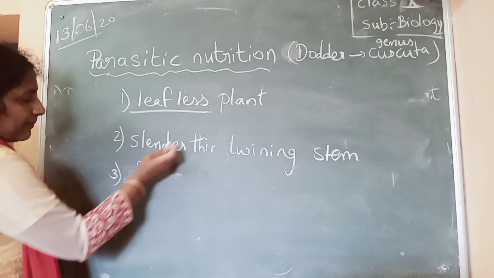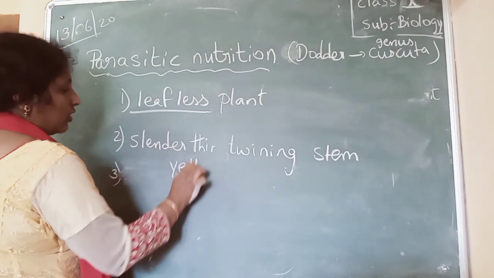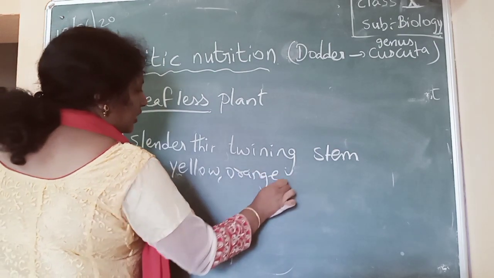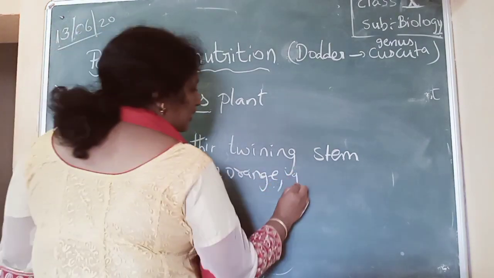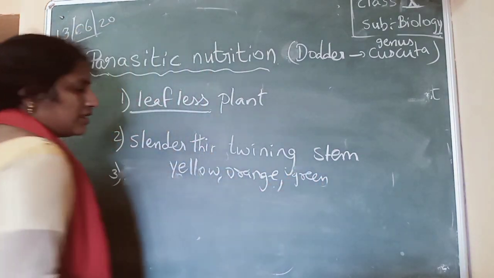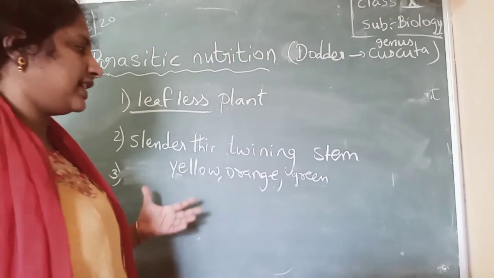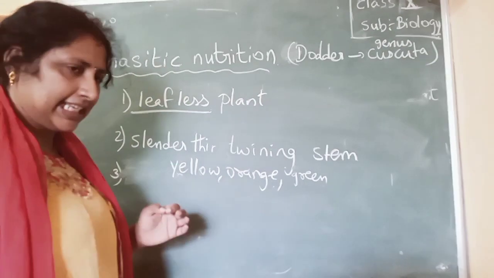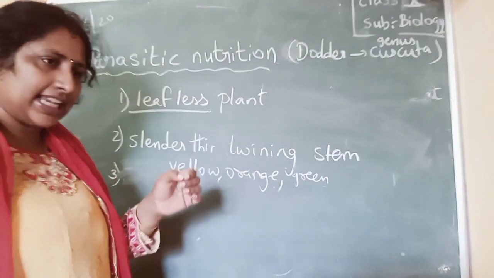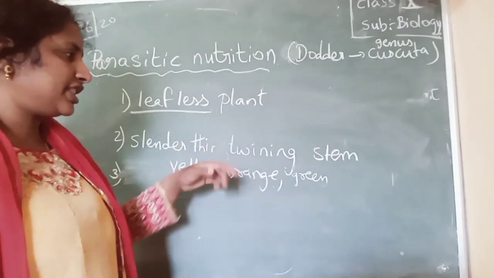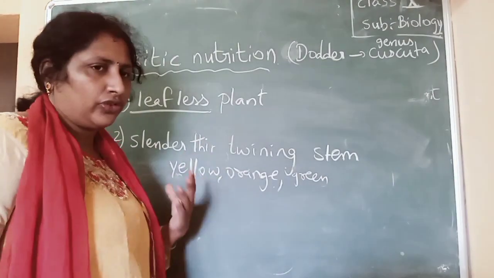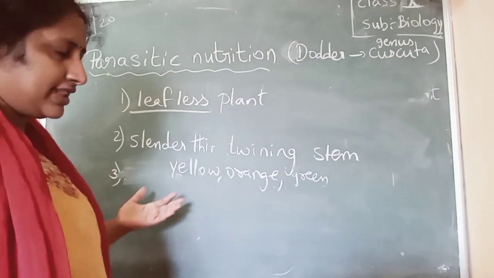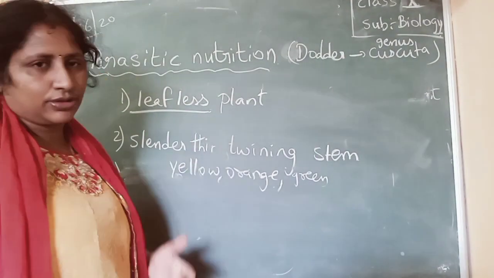The stem is yellow, orange, green, so the stem has various colors. The stem is very thin and slender, and you see yellow, orange, green, and some other colored stems in the Cuscuta plant.